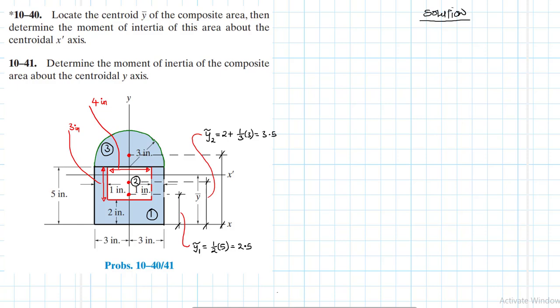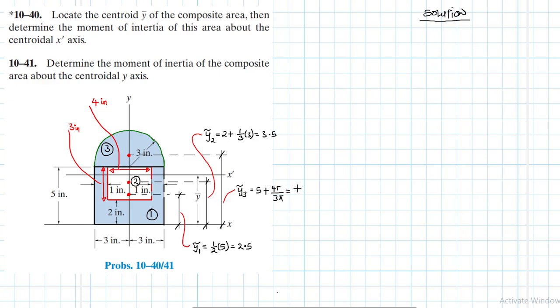And then finally, this is y curled of 3, which is equal to the initial length from the x-axis, which is 5, plus the centroid for a semicircle, which is 4r divided by 3 pi.